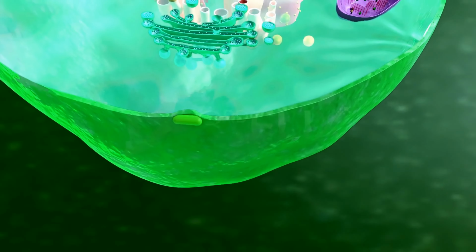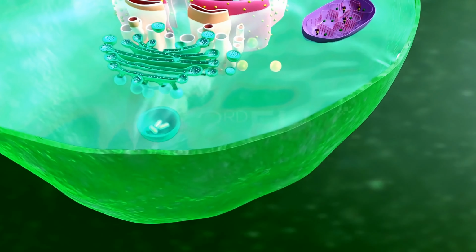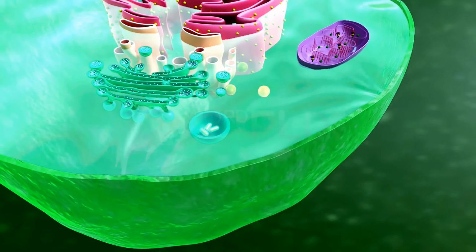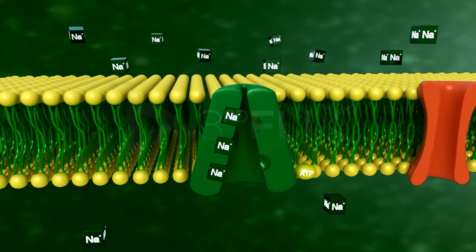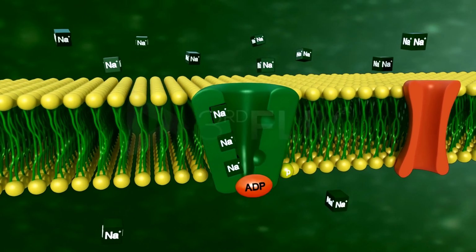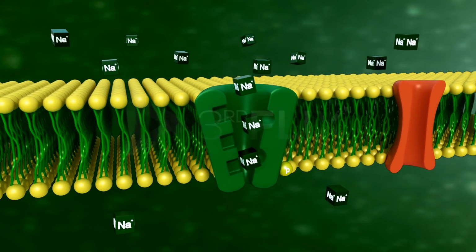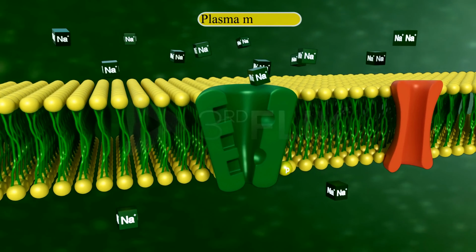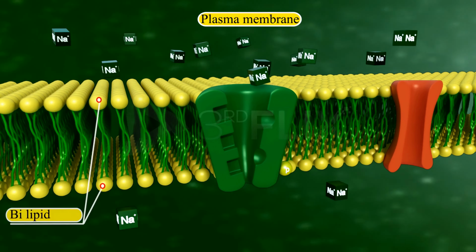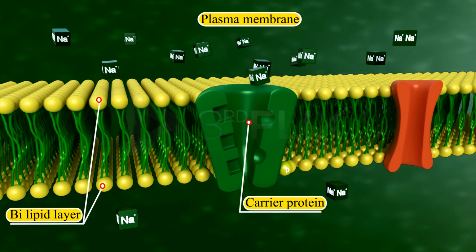In addition to this, the cell also obtains nutrition from its environment. Different molecules move in and out of the cell through a type of transport requiring the use of energy. The plasma membrane is flexible and is made up of organic molecules called lipids and proteins.